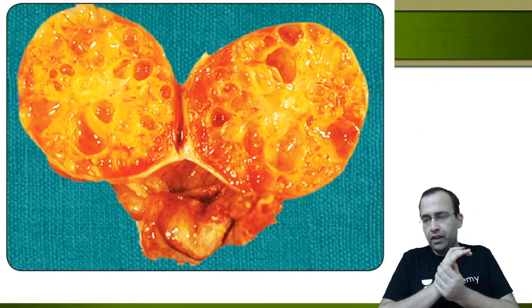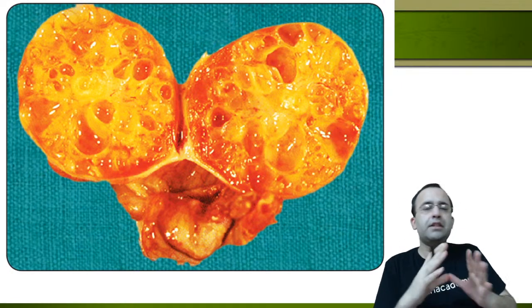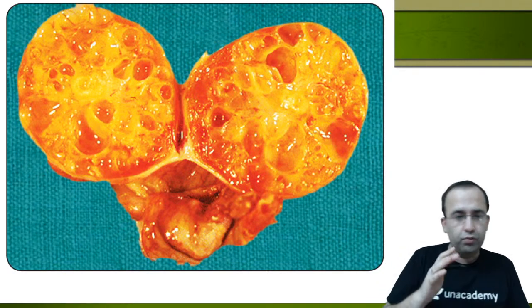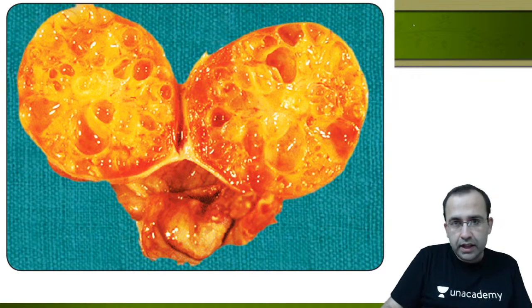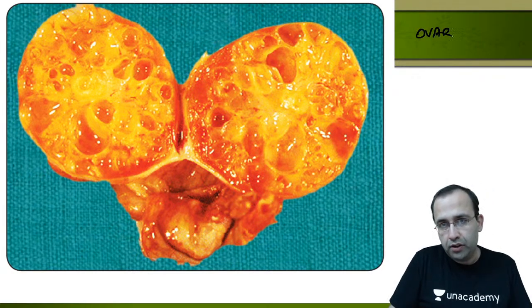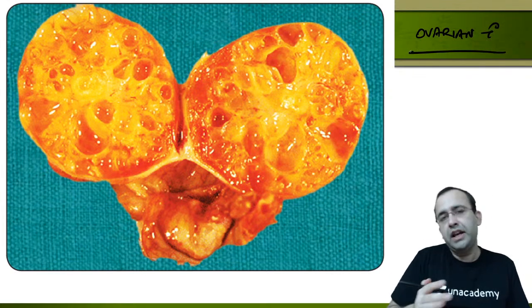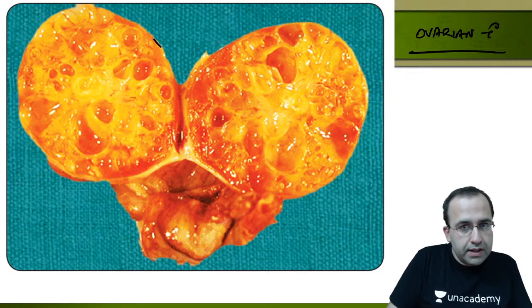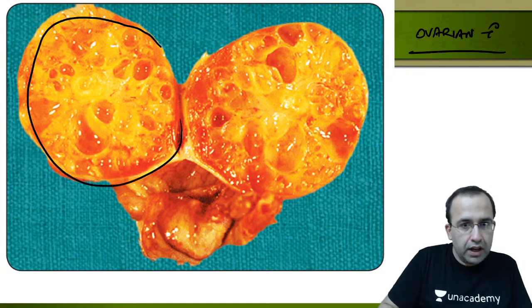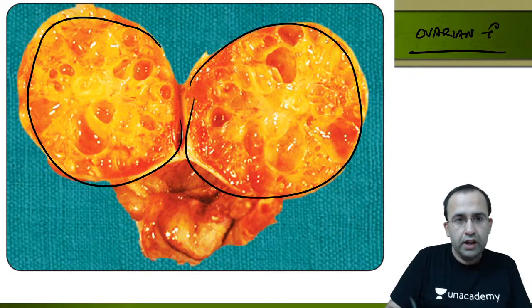In gross, that is diagnosis. This is a characteristic gross image. The examiner has told you that it is an ovarian tumor. Diagnosis. What you see here is the presence of enlarged ovaries, which are yellow in nature.